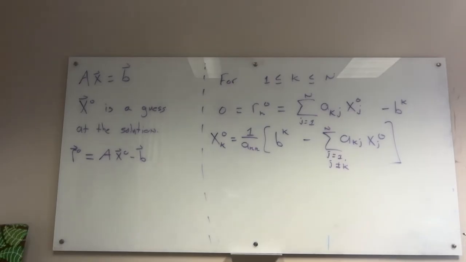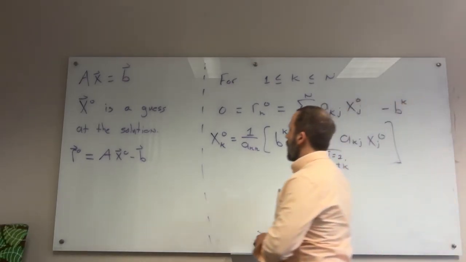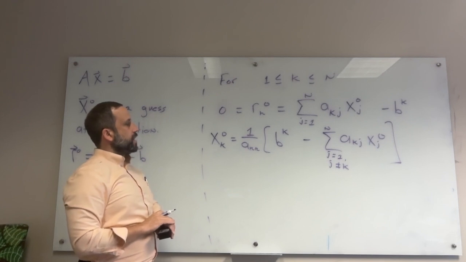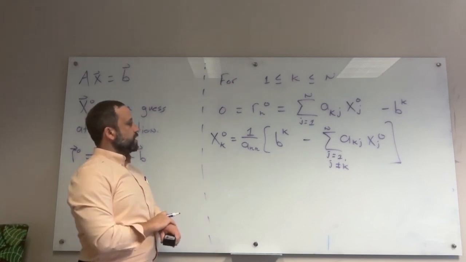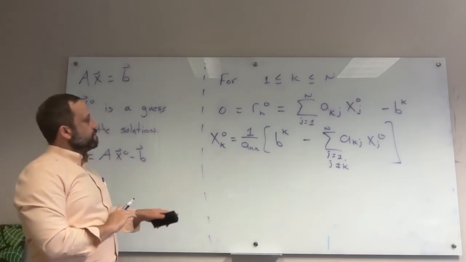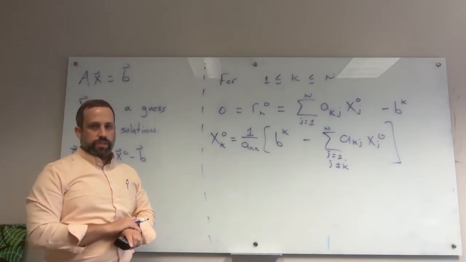Now, what this says is that if in our new vector we change x_k so that it's equal to that, and keep all the other entries the same, then r in the kth entry is going to be equal to 0.